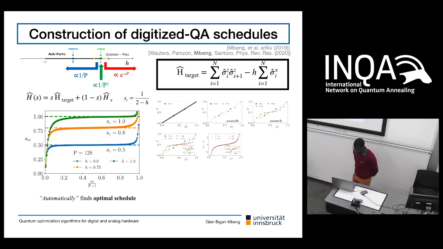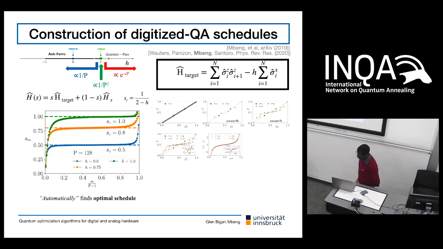So in this case, what we do is we gradually increase the number of points used in the discretization of the schedule, and then we start a local search for the new optimal with the information we obtain from the previous iteration.